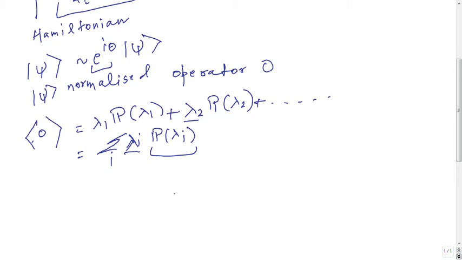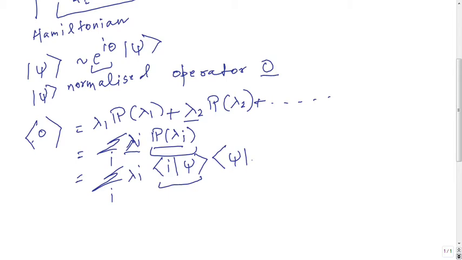Now in quantum mechanics, if you remember, I have told you that the probability is given by the magnitude square of the probability amplitude. If I say that the eigenstate corresponding to this eigenvalue lambda i of the operator O is |i>, then this probability is given by the probability amplitude, and its square would give me this probability.